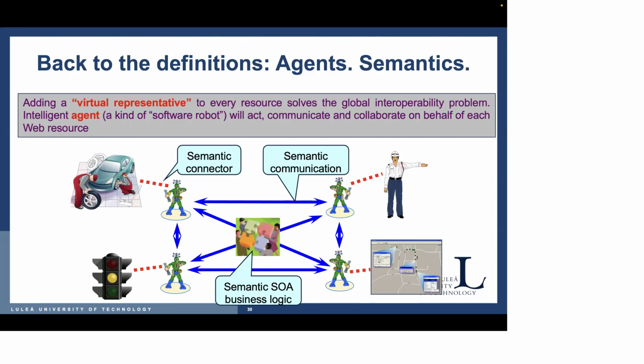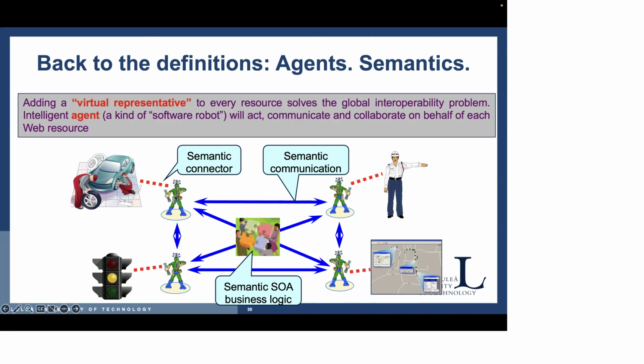Another fundamental definition here is the definition of agent. We talked about agents or intelligent agents in the very beginning of the course. But here we are talking about a more concrete virtual representative of every resource that wants to communicate in this context.